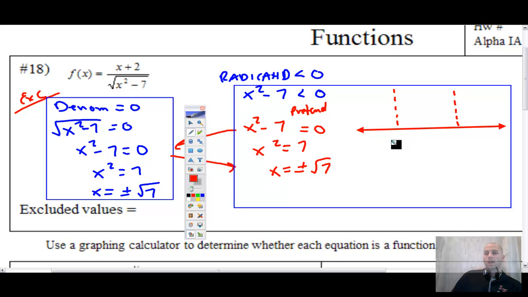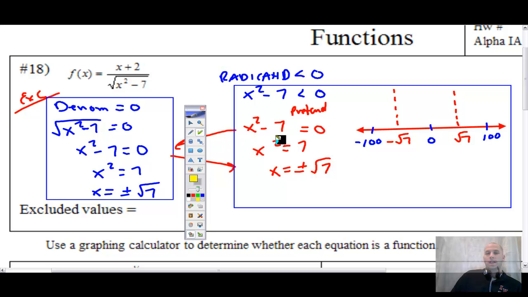We get negative square root of 7 and positive square root of 7. That separates our number line into 3 parts, to the left, to the middle, and to the right. Pick one test point to the left. I'm going to pick negative 100. In the middle, 0, and to the right.